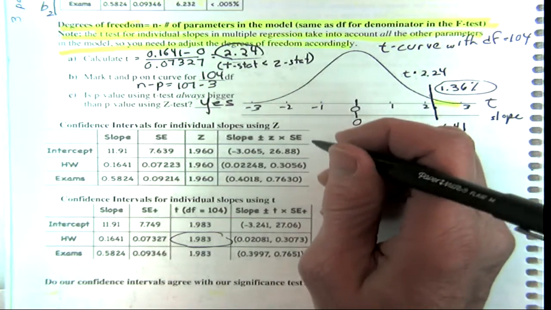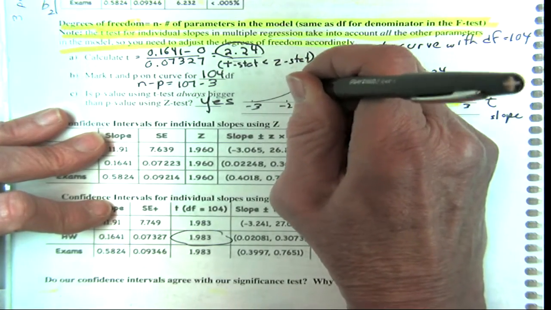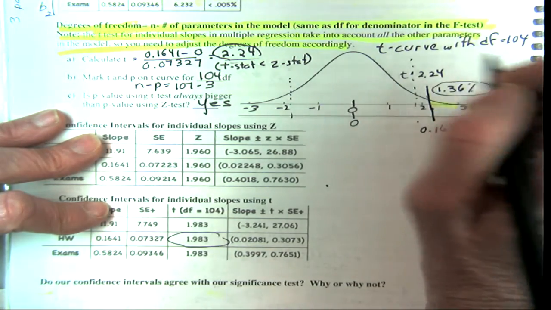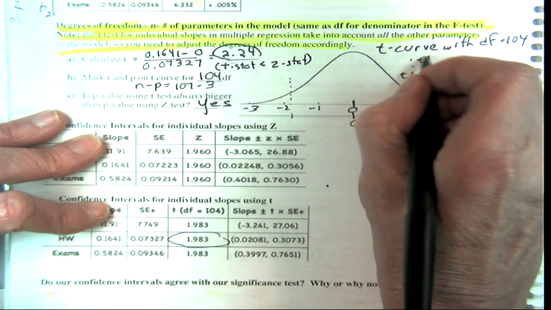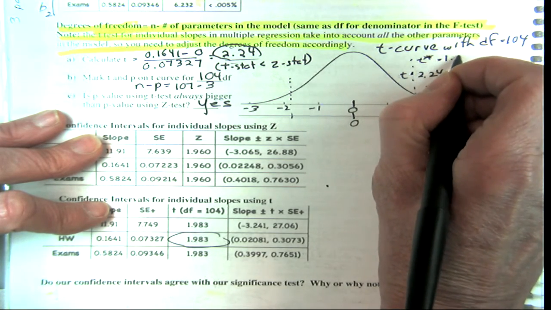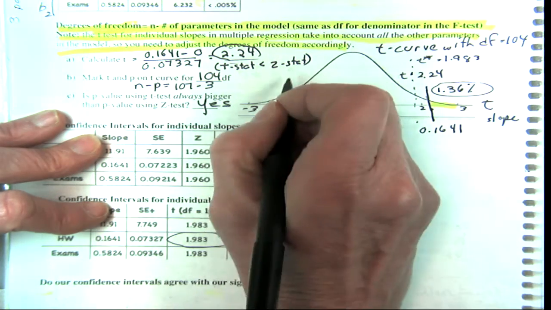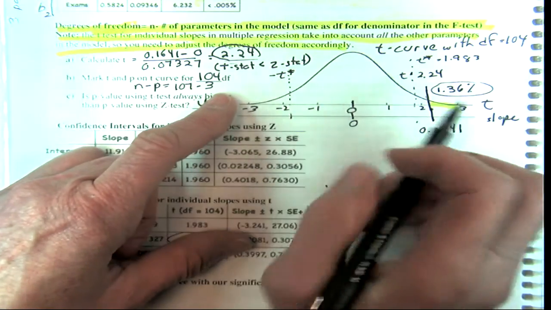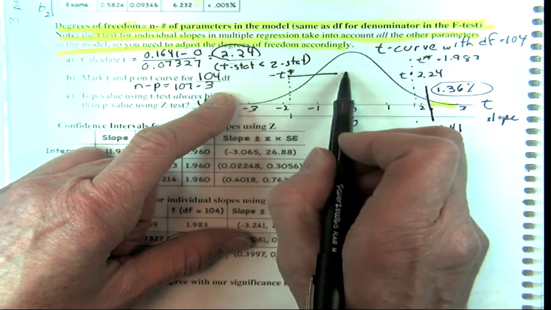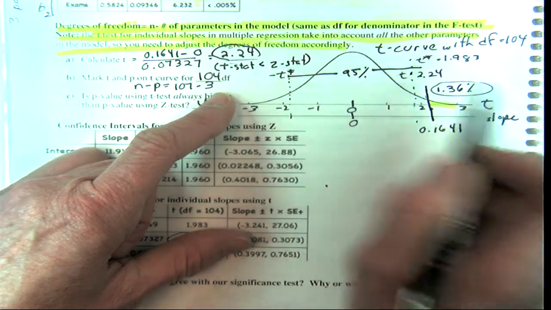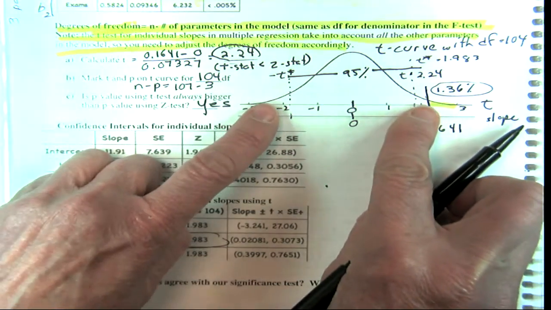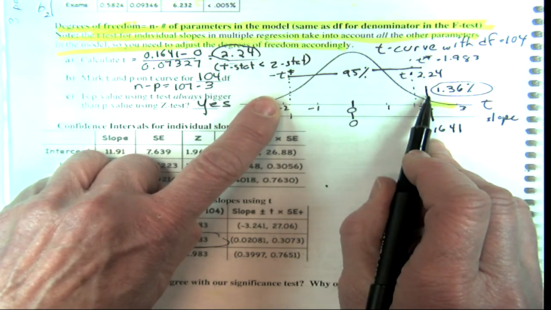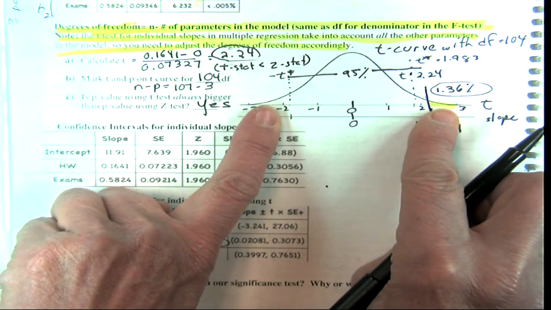I don't know if it might be confusing if I draw it in. I'll draw it in like this. All right, so this is the critical value, t star, equal to 1.983, and this is negative t star. Okay, and between those two, that's 95%. But between our actual t and negative t, it was much bigger than 95%, you see?